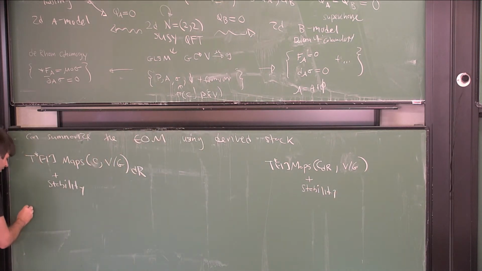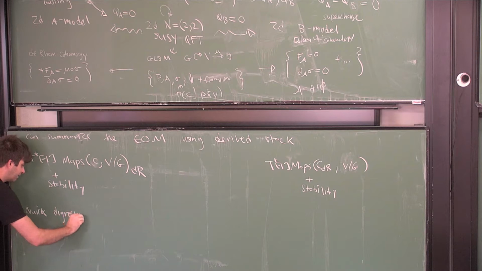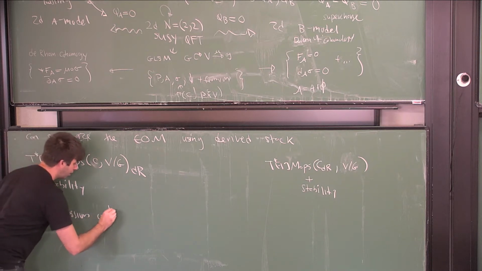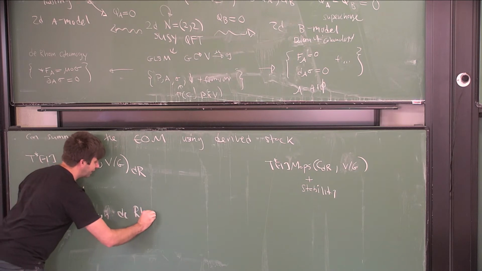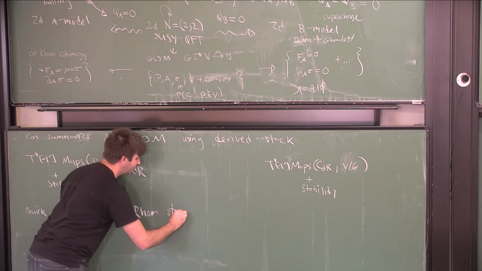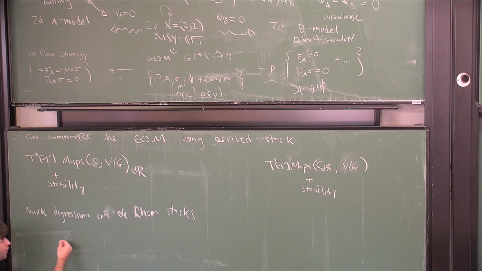Okay, so a quick digression on these de Rham stacks. I probably won't use these that heavily for the rest of this talk, but I do kind of use them. So suppose X is a scheme, or just a manifold.